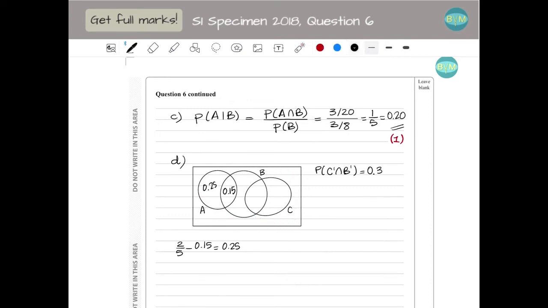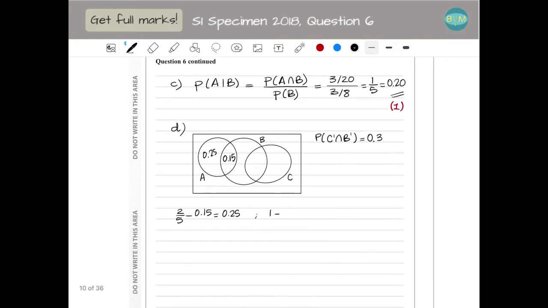I know all the numbers will add up to 1. So what we're going to do to find that number is 1 minus 0.25. No, I'm not doing it right.